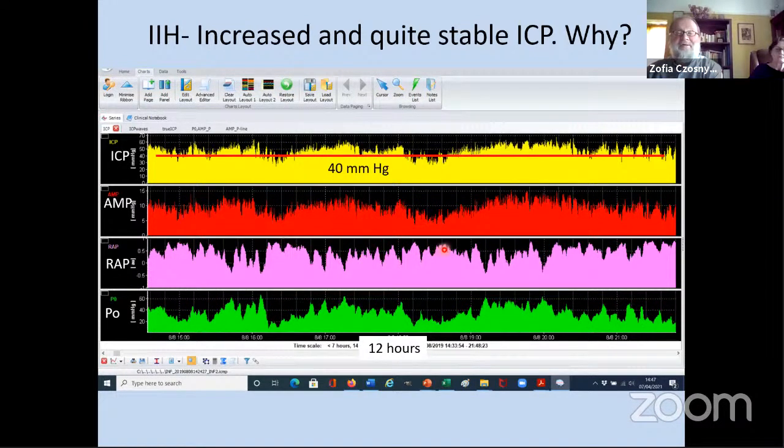RAP, compensatory reserve, is also increased, higher than 0, close to +1, like here, like here, like here. Therefore, it's a disturbed compensatory reserve. Our estimator of sagittal sinus pressure, P0, is also increased.